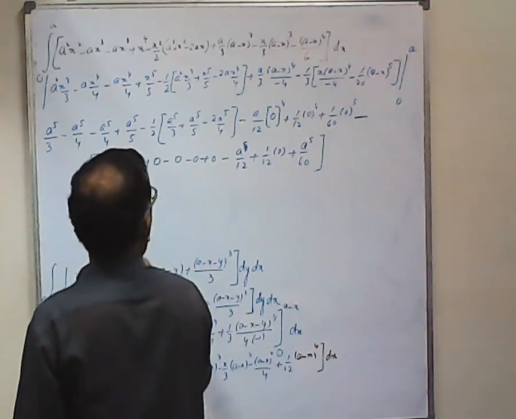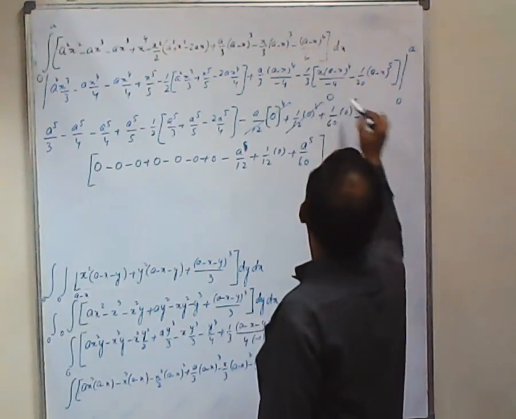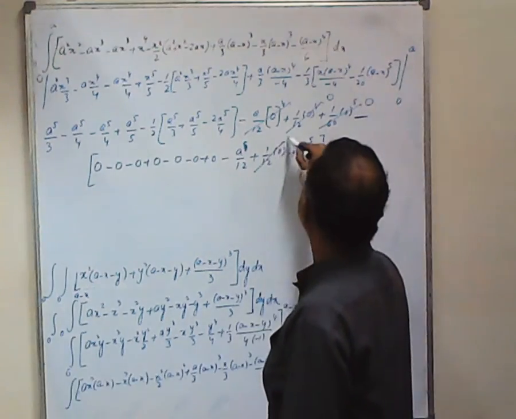So now we need to add all these terms. This is 0, this is 0, this is 0, so these three terms are 0, this is also 0.